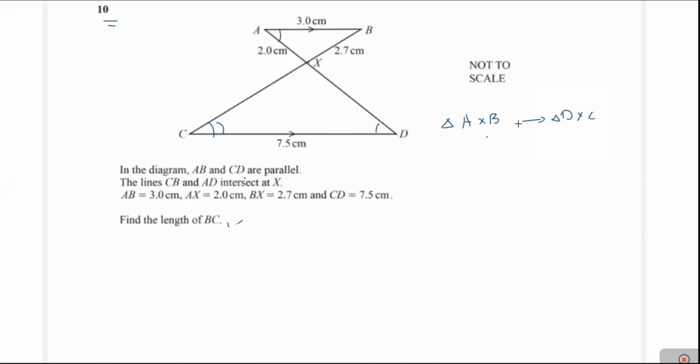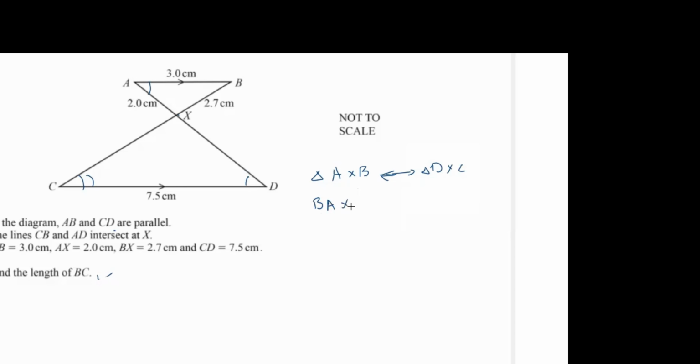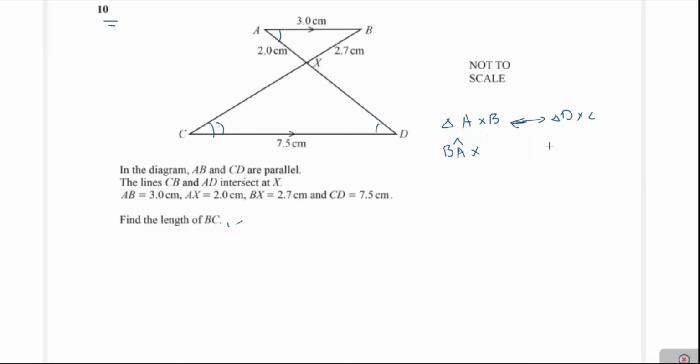Now we look at the angles of each triangle. You see here the angle BAX will be equal to angle CDX. These two angles are equal because they are alternate angles of parallel lines.